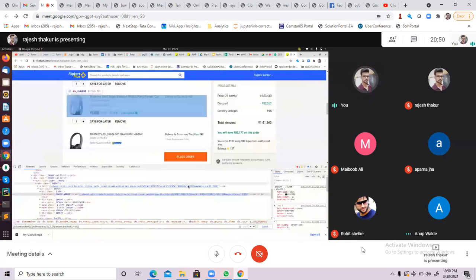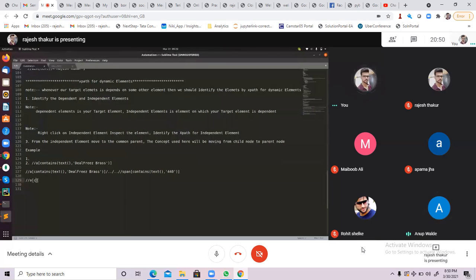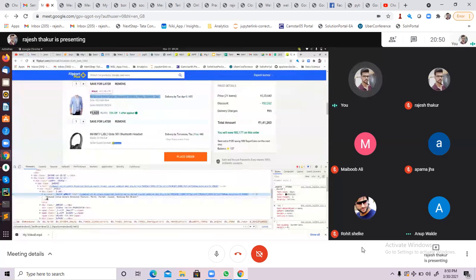Then okay, this time I will go with the href. Yes, href is one of the attributes, or else you can go with the text function also. Yes, we should go with the text function. So what I can say, contains function, text function, comma, value. You can take a part of the value if you are going with the contains function, right?